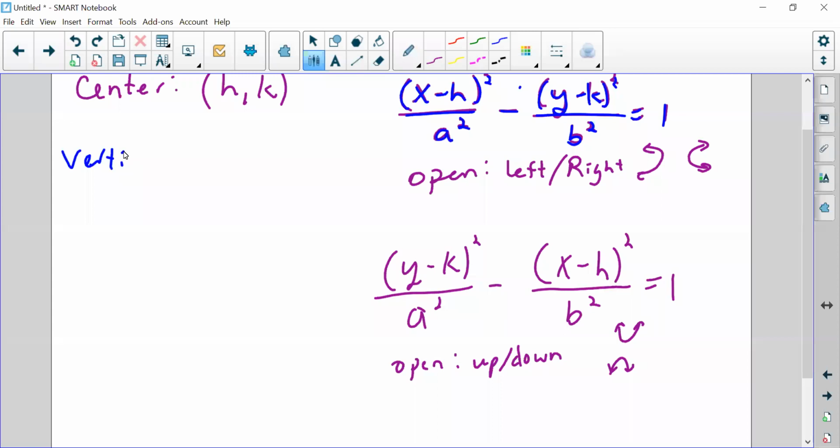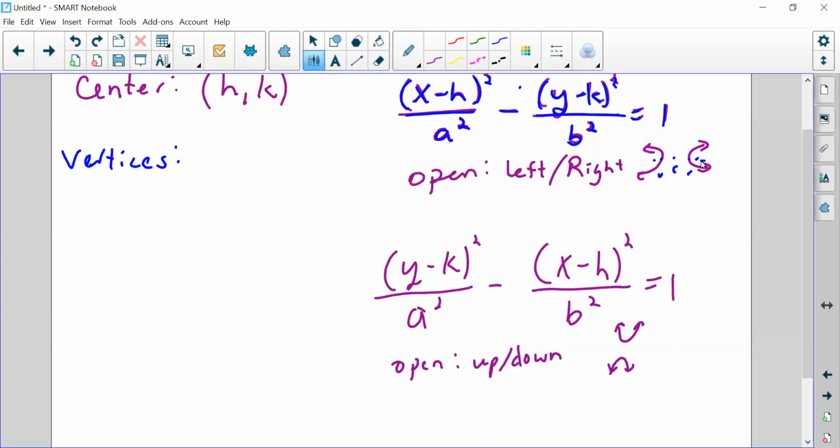If it opens left and right, one thing we know, and this helps you think about it, is that our center is the point in between the two U's. That's where our center is located. The center, my vertices, and my foci are always on a straight line. So if it's opening left and right, I have a center, my two vertices, and my two foci, and my x values will be changing.